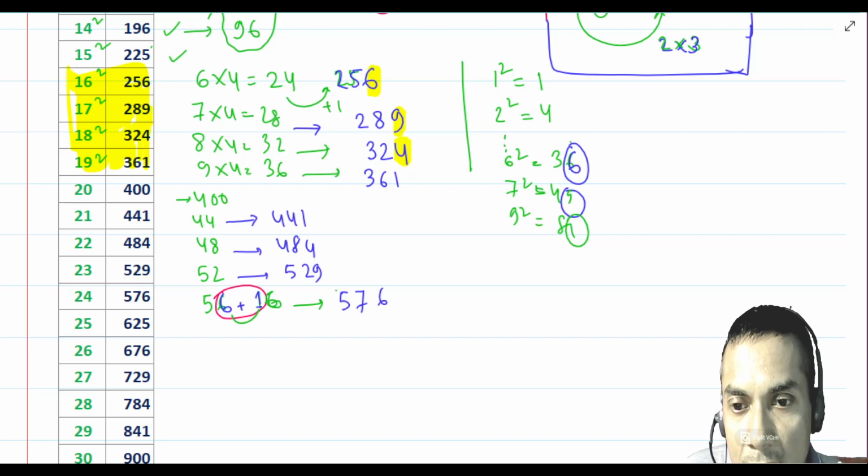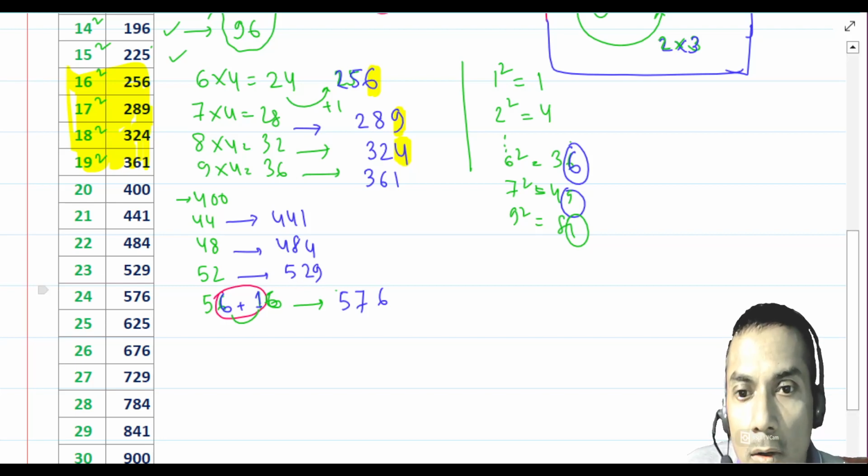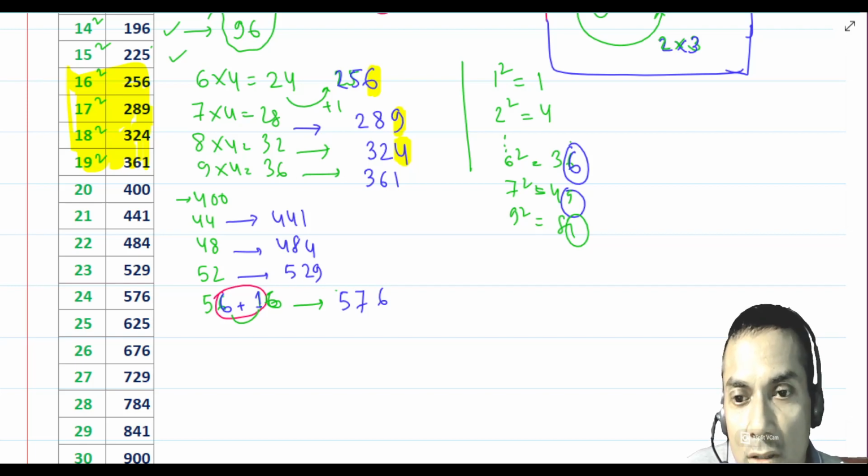Is it clear? Look, after 52 it becomes 56, but 4 square is not a unit digit, it is a 2-digit number, that is 16, and this 1 and this 6 you have to add together, you get 7, and the other terms remain the same, 5 and 6 remain, only change here.